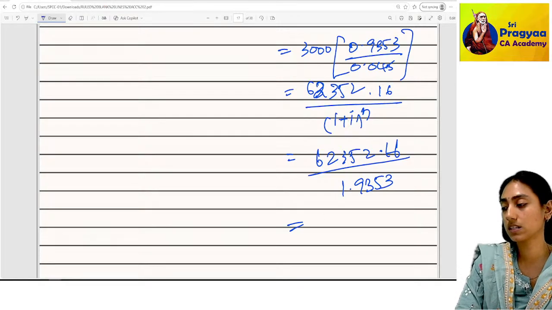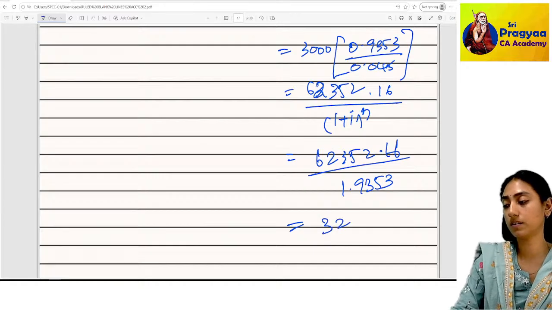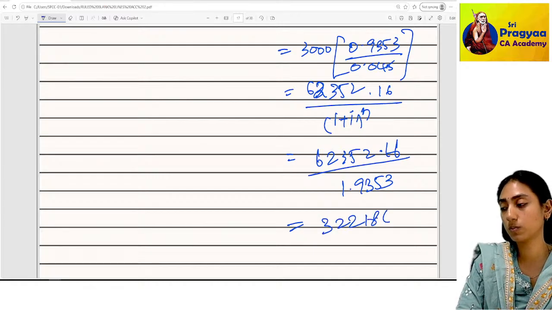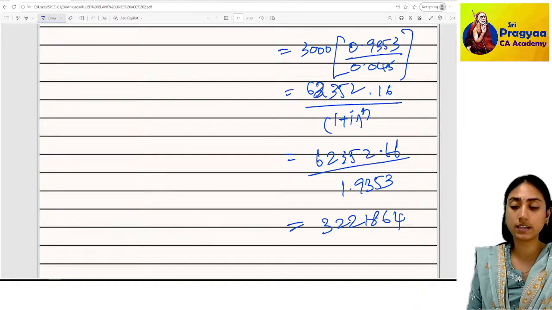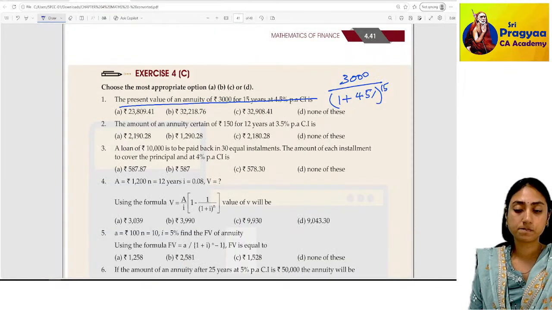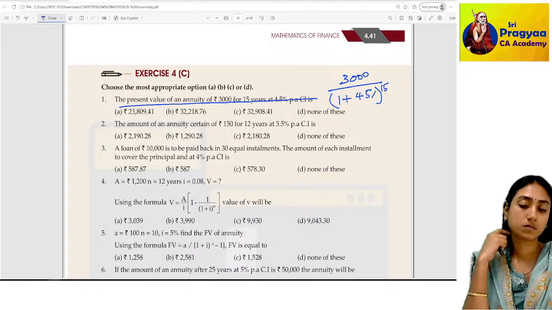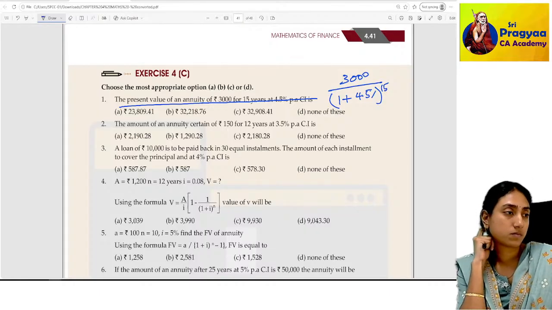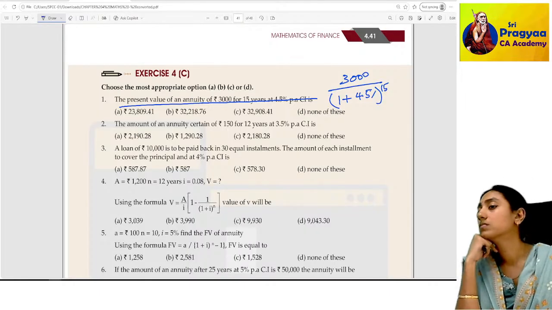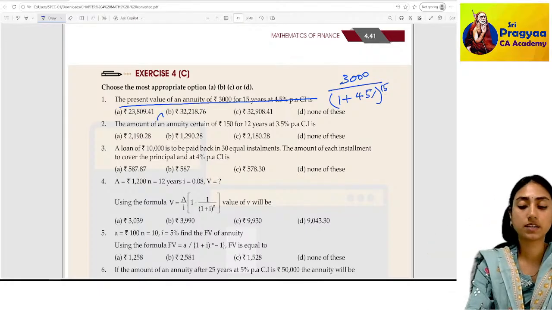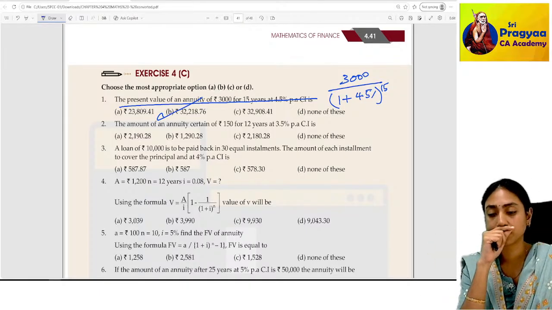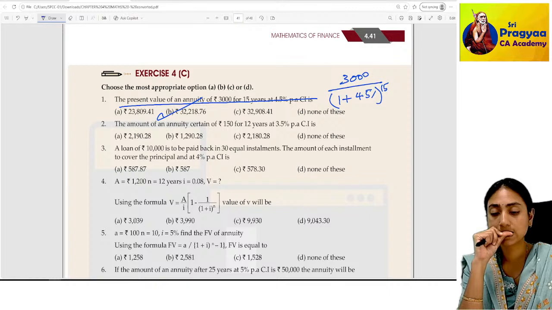Which is 32.3264, correct? 3264. டெசிமல் க்ளோஸரா இருக்கிறது வச்சுக்கோ.